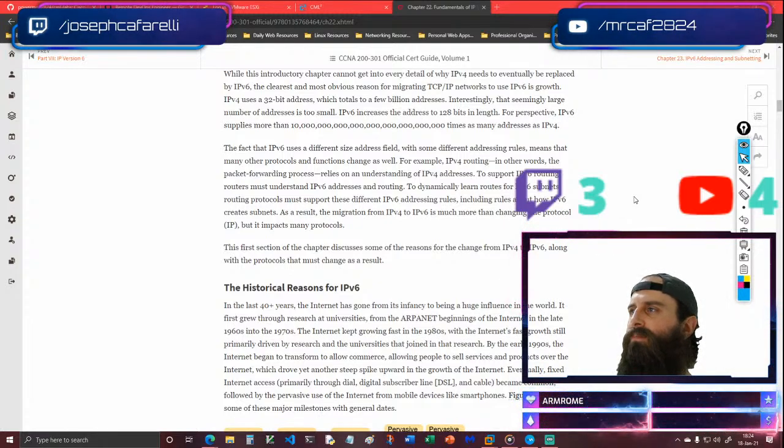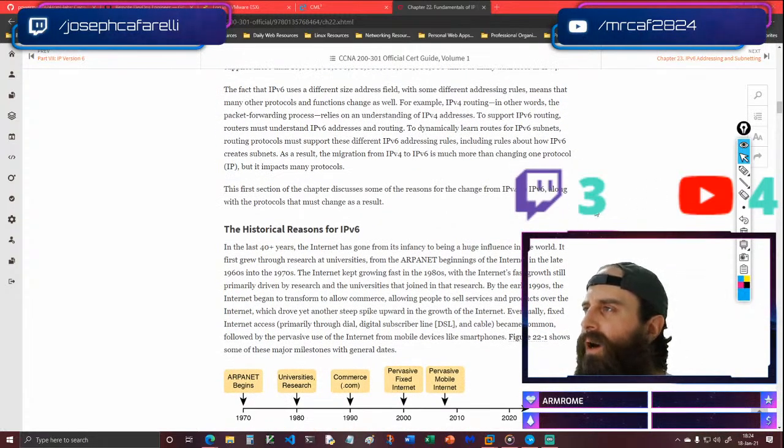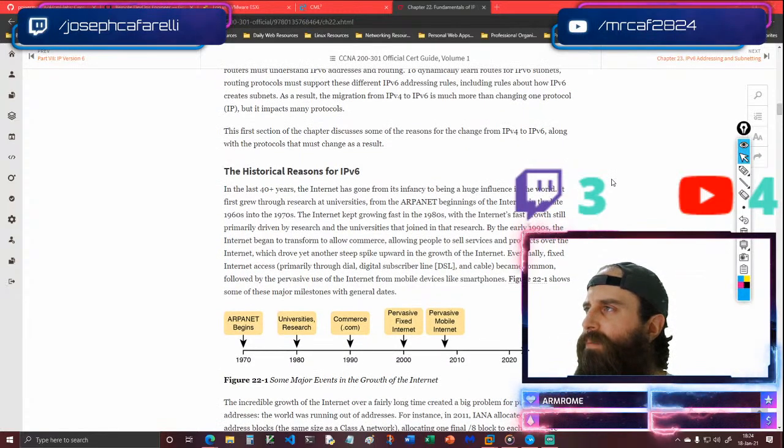As a result, the migration from IPv version 4 to IPv version 6 is much more than changing one protocol, IP, but it impacts many protocols. The first section of this chapter discusses some of these reasons for the change from IPv version 4 to IPv version 6, along with the protocols that match the changes as well.